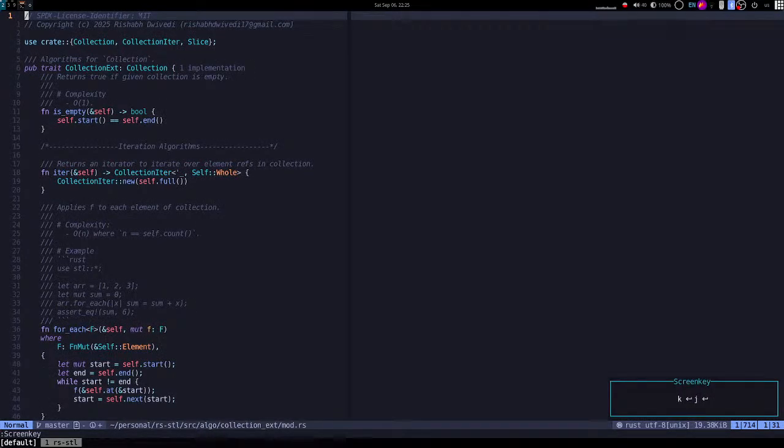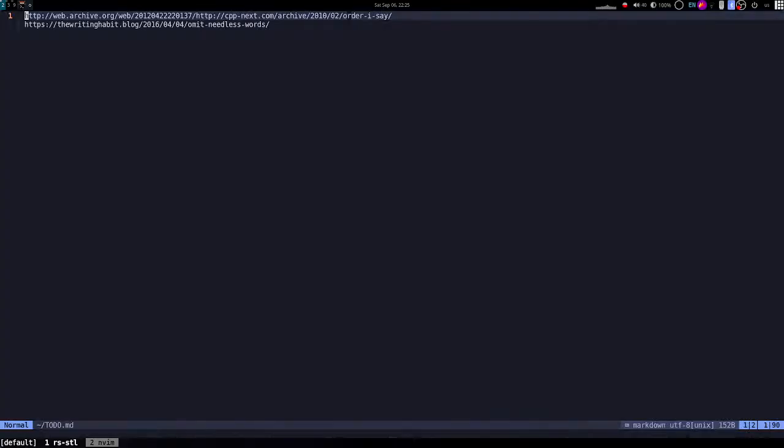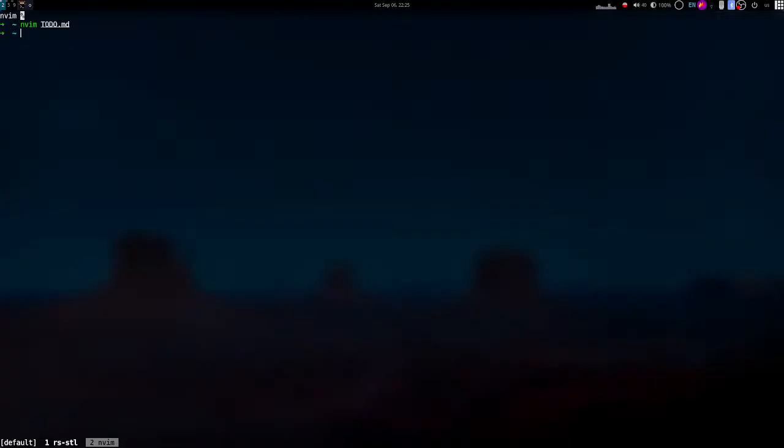So, collection extension, right. Here are some plans in todo.md. I think it has some important things that I have not removed.